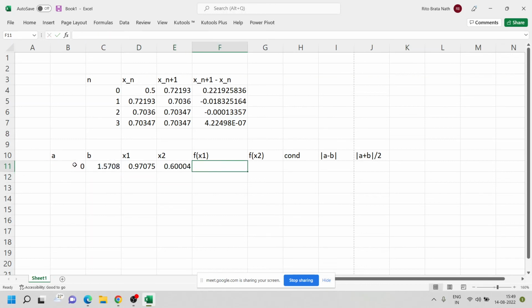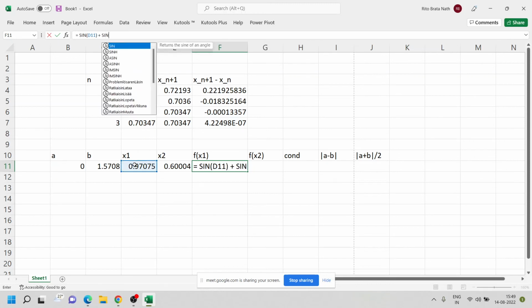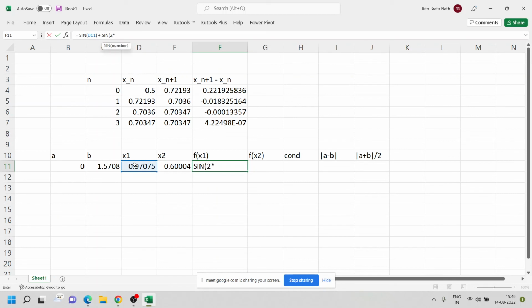So now you have to get the function values. So your function is sine x plus sine 2x. So this is x1, so sine x. And it will take it in radians only, so that's not a problem. So this is 2x. So this is your function value.